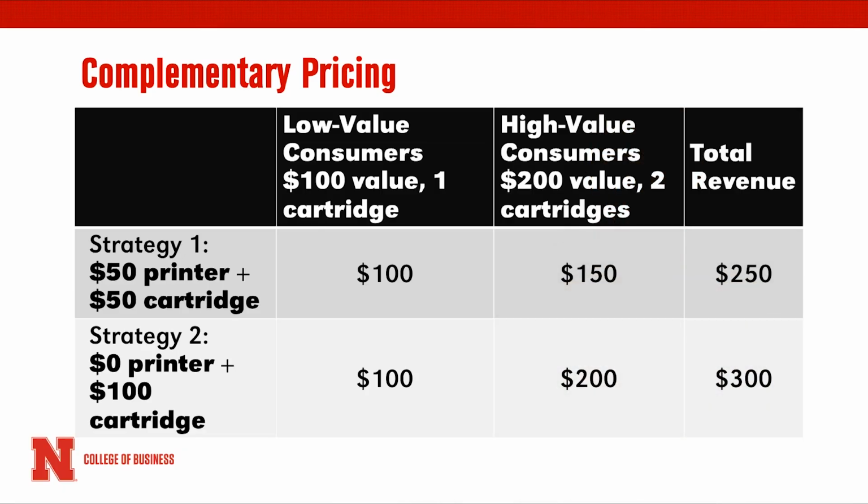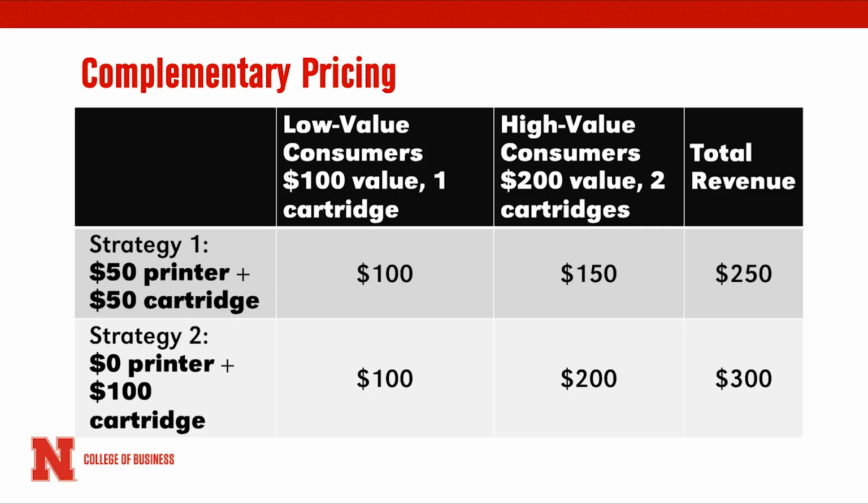Now, this type of strategy works because high-value customers use more cartridges than low-value customers. So let's look at this example. Based upon this table, we've got a high-value customer and a low-value customer. We are going to assume that the low-value customer places an economic value of $100 on being able to print the amount that they need to.